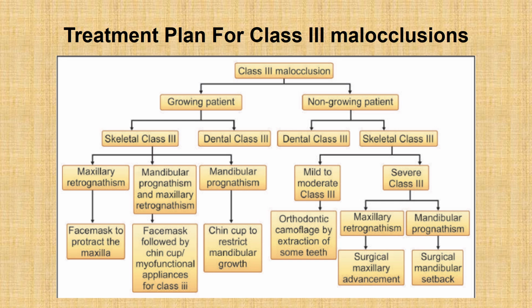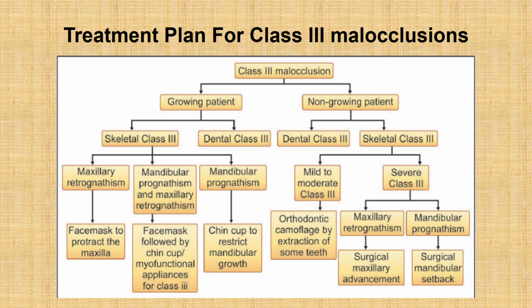Now, if the maxilla is small, then the orthopedic treatment aims to protract the maxilla and stimulate its growth. If the fault is with the mandible, then orthopedic treatment is directed towards restricting mandibular growth. And in a situation where both are at fault, a combination of both is used.